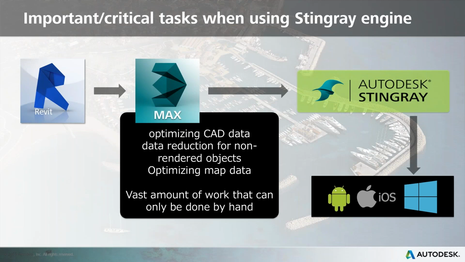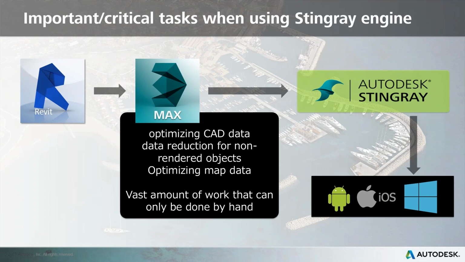So if you are a traditional Revit user, you can definitely export whatever you've created with your BIM information to Max, and then from Max you can generate an FBX file which goes into Stingray, and from Stingray you can deploy an interactive visualization for your Android, iOS, or Windows. So this is how typically we have been looking at things. So these are the critical points where you would need to manage your data movement. So from Revit to Max to Stingray.